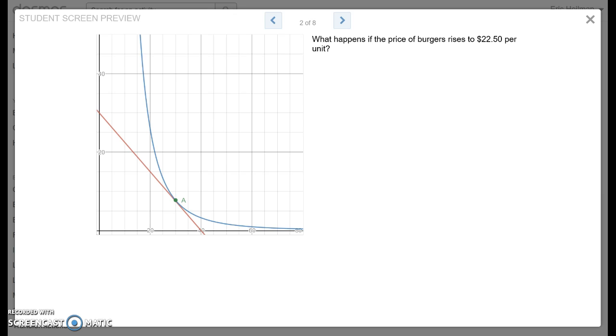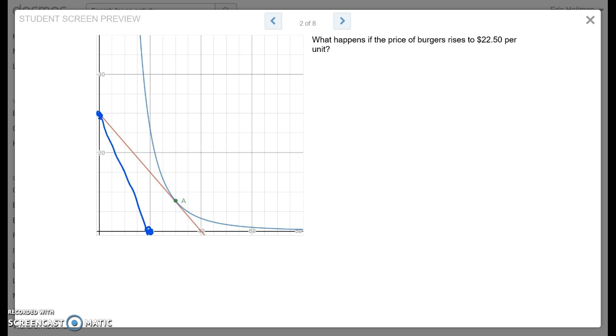Okay, so if I spend all of my $450 on burgers, I can now only afford 20 burgers. The price of burgers doesn't affect how many milkshakes I could buy if I spend all my money on milkshakes, so we're still at the same y-intercept.